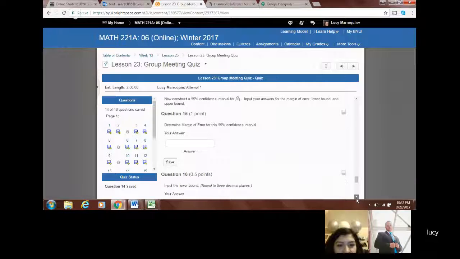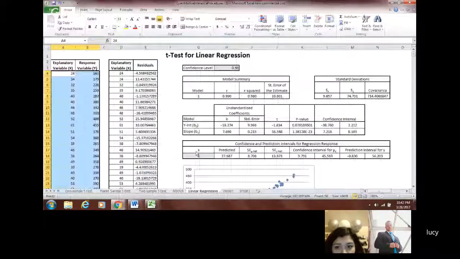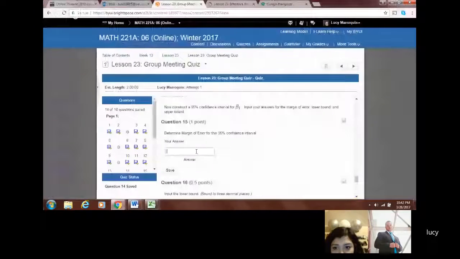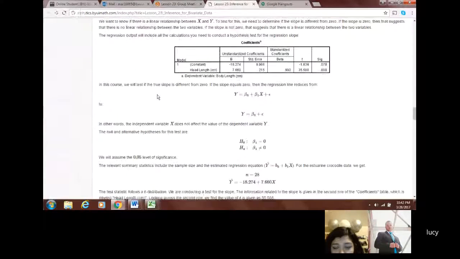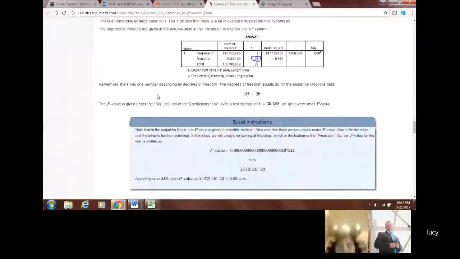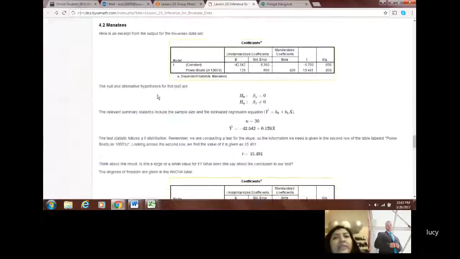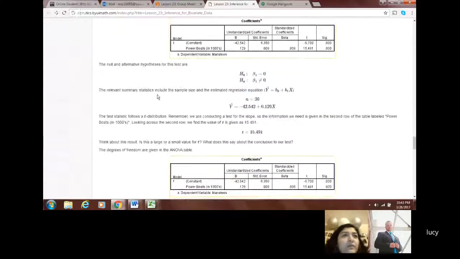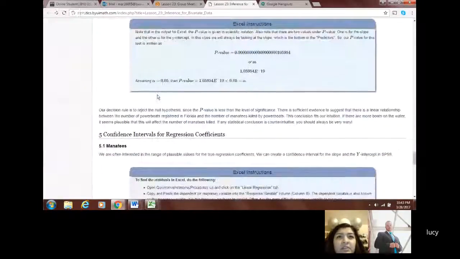Determine a margin of error for this 95% confidence interval. Margin of error again. We never got that one right, on the previous ones, even after attempting it twice. It didn't say anything in the reading about margin of error, did it?